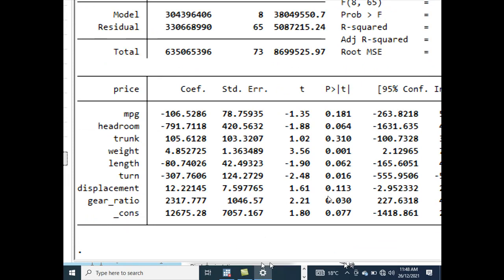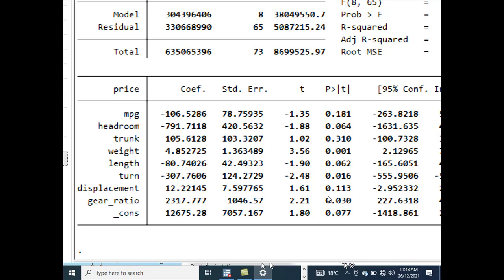Constant is the Stata name for the intercept. So this 12675.28 is beta naught hat, and the other coefficients are associated with the x variables. If this is x1, then this is beta 1 hat; if this is x2, then this is beta 2 hat, and so on.